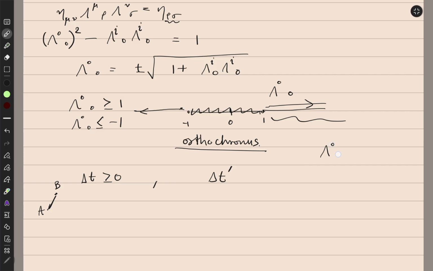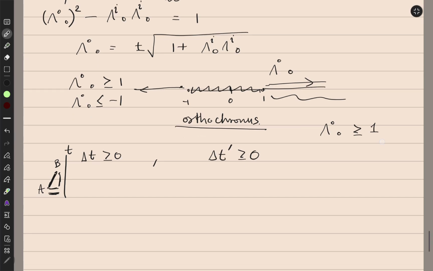So if lambda 0 0 is greater than or equal to 1, we can actually show that for time-like separated events, time-like as in, if this is time, then this is greater than this, delta t prime would also be greater than 0. So if this is true, then for time-like events the causality is preserved.